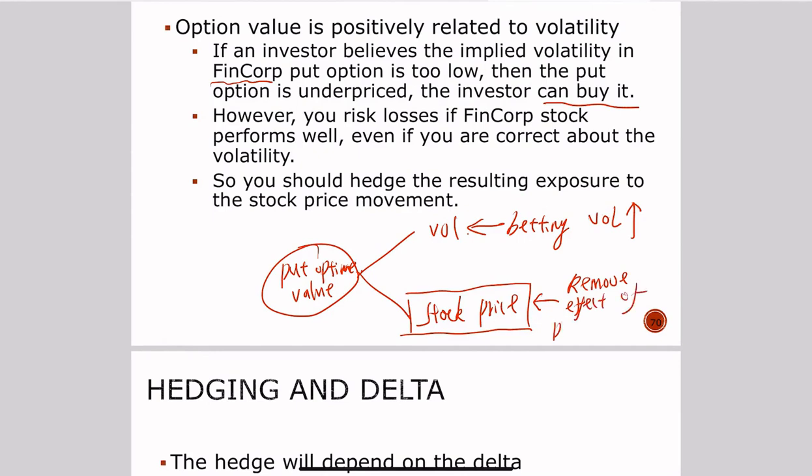Right? So you will want to remove the effect of price movement. So how could you do this? Well, you might have guessed it. You want to hedge against this stock price movement by buying some shares, right? Obviously, the question is, how many shares should you purchase, right?